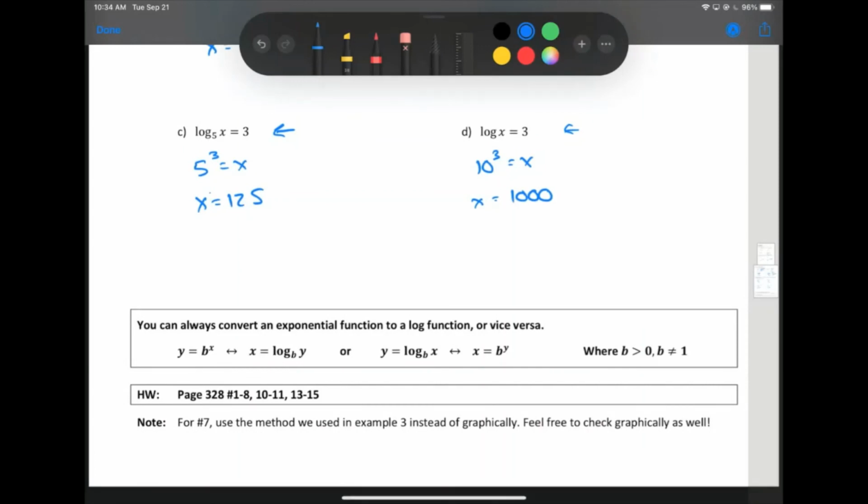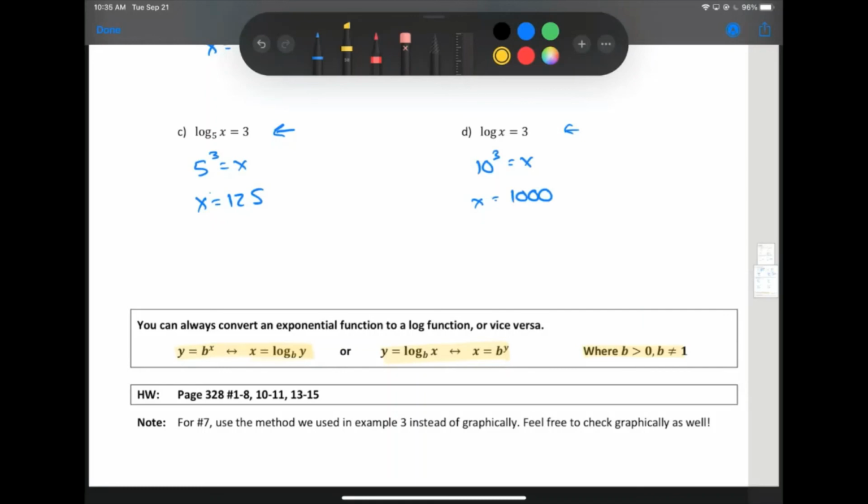So I have put here that you can always switch back and forth between the two versions. And also there's a couple restrictions on there that I've mentioned that are important to note. B has to be greater than 0.